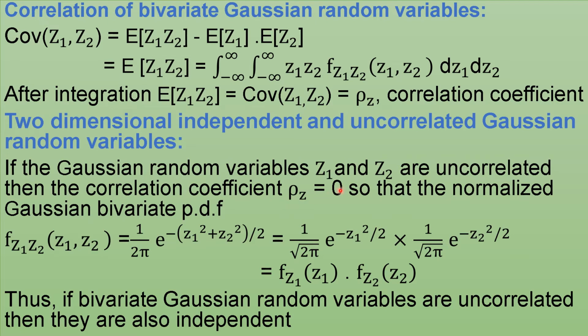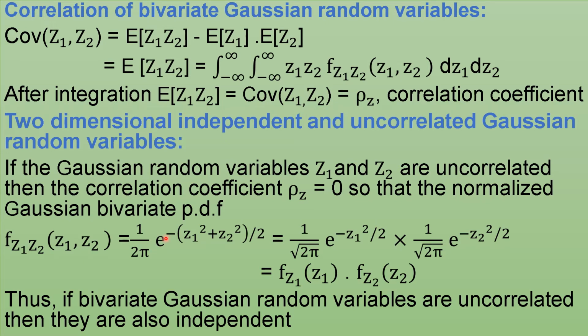So putting rho Z as 0 in the probability density function of the bivariate Gaussian random variable, f Z1 Z2 of z1 comma z2 becomes 1 by 2 pi. The next factor is root of 1 minus rho Z squared; rho Z will be 0, so that factor is root 1, or 1, into e power minus.